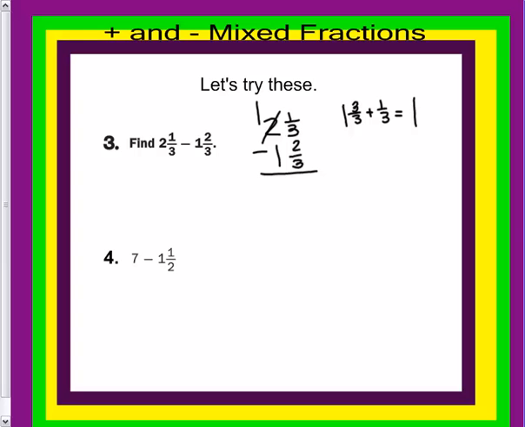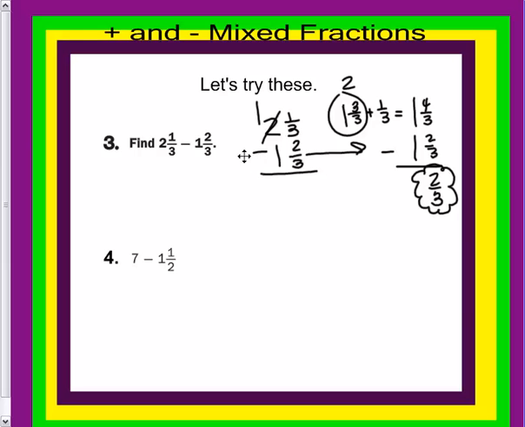So technically, to regroup them, I'm going to make it 1 and 4/3 because this would really be 2. Do you see what I did there? And then I can subtract the 1 and 2/3. It makes my life a little bit easier. So 4/3 minus 2/3 is 2/3, and 1 minus 1 is 0, so my answer would be 2/3.